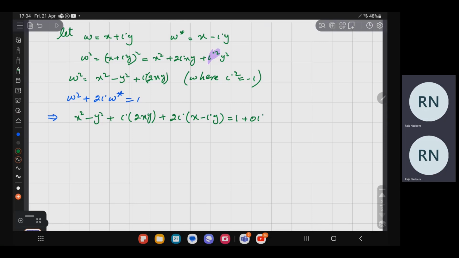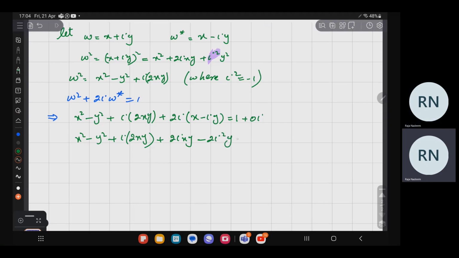Alright, if you write the real and imaginary parts separately, it would be 2ixy minus 2i squared y. As i squared is equal to minus 1, this becomes plus 2y.